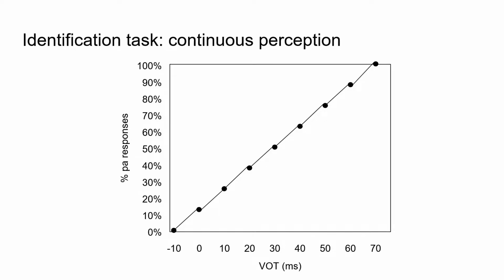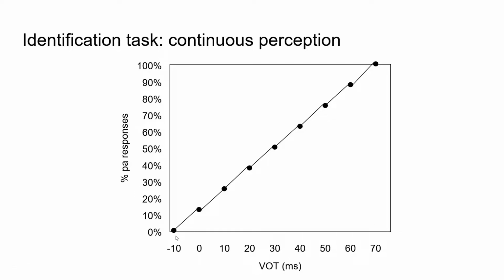Let's consider graphing. Let's say we change voice onset time in a set of artificial stimuli. So people are listening to these things and they hear voice onset time. It starts out maybe at a negative voice onset, so the voicing starts before the release, then at the release, and we vary it in say 10 millisecond units.